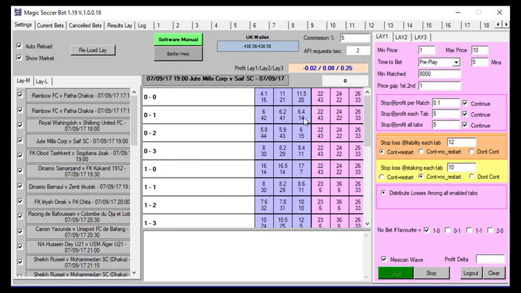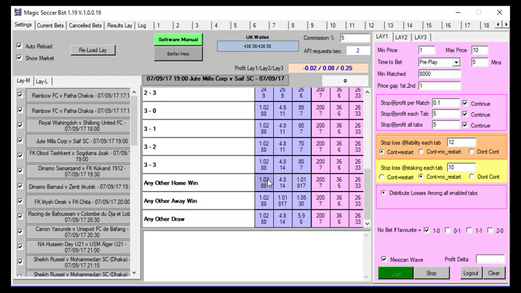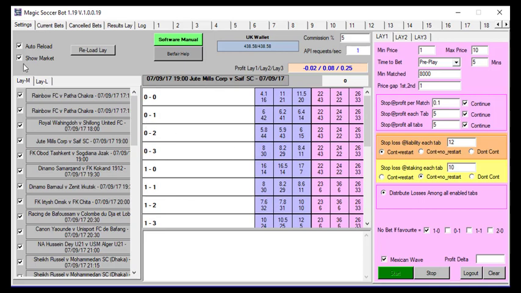There's no need for anything to be in here. The bot reads all the information directly from Betfair's computers. We don't need to be looking at anything in here at all. So always have show the market unticked. You'll save API requests and won't clog up your VPS or your bot or your computer. Okay, so here we go.